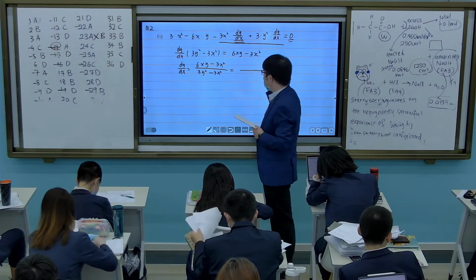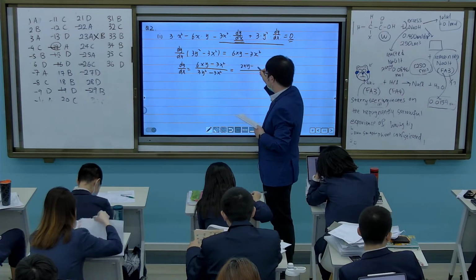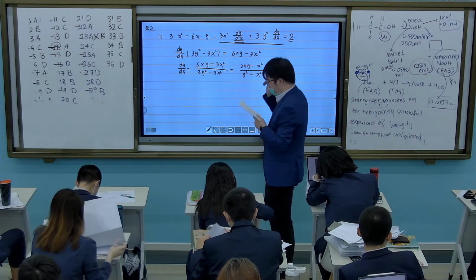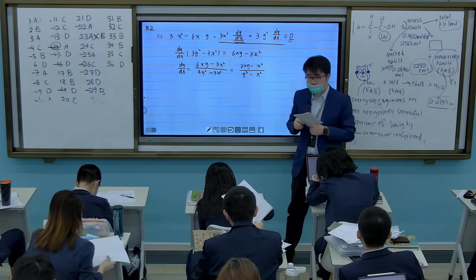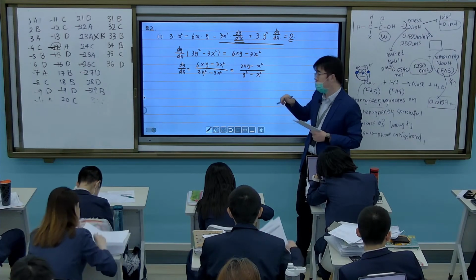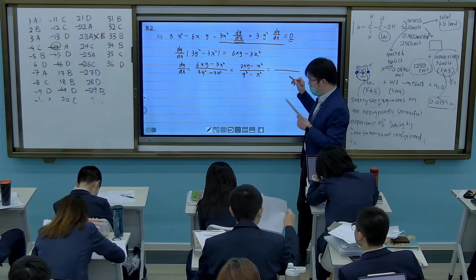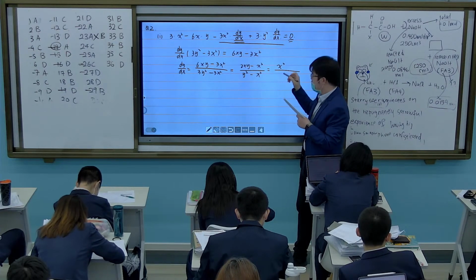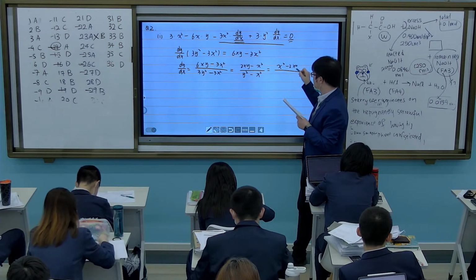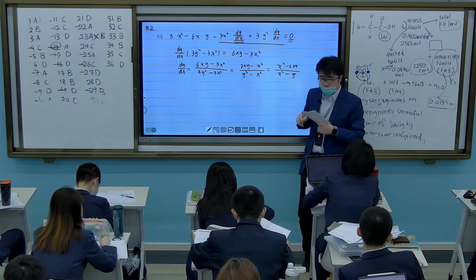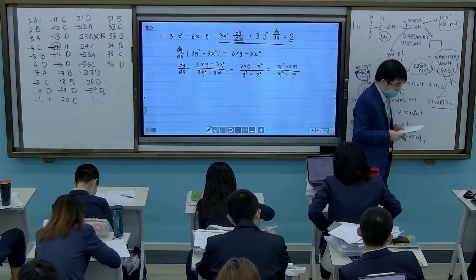So we'll get 2xy minus x squared, divided by y squared minus x squared. Then both numerator and denominator times -1, to make it identical with the expression given by the question. So it is x squared minus 2xy divided by x squared minus y squared. All right? Like this.